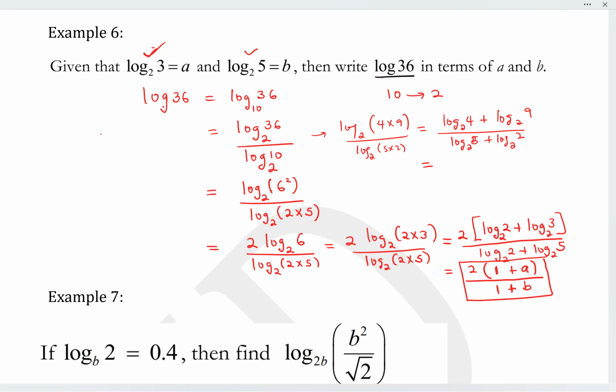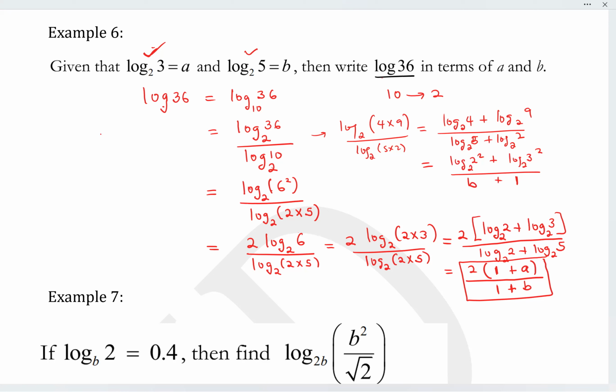Now, this part you can write as log to base 2 of 2 square plus log to base 2 of 3 square, yes? Over log to base 2 of 5 plus, this is going to be definitely 1. And here, log to base 2 of 5 is just going to be b.